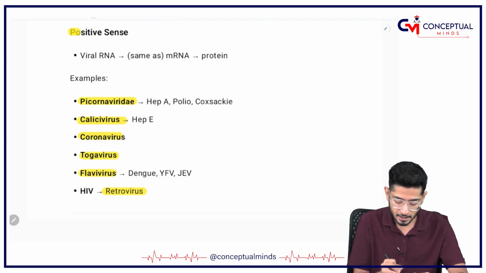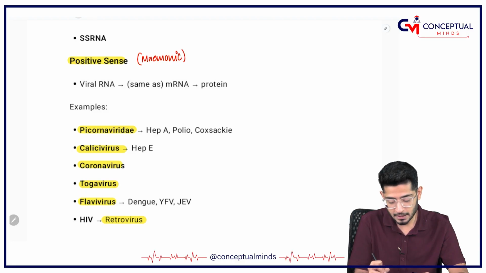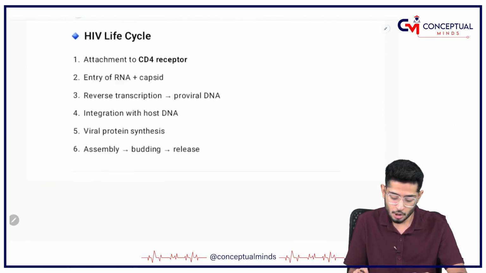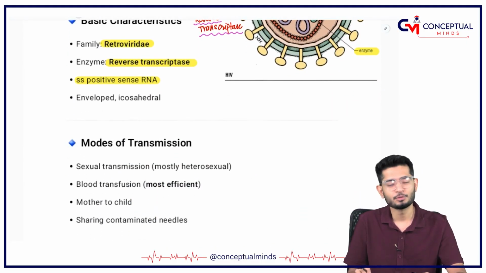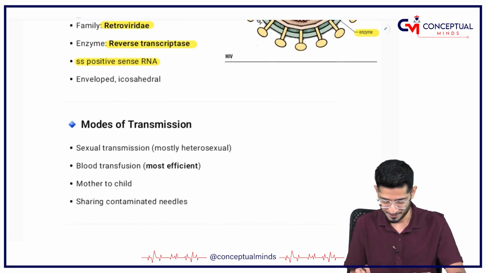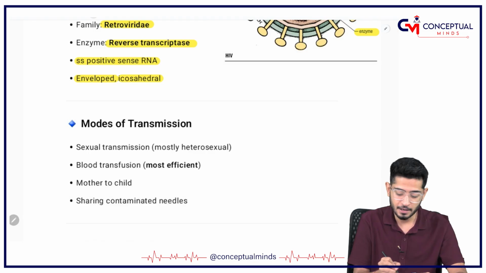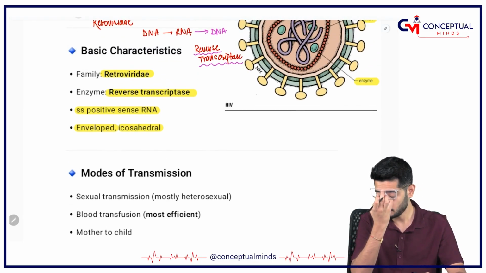All these are positive sense. The mnemonic I have mentioned in the general virology class, so please revise general virology before discussing any viruses, because I am not going to repeat it. It's your responsibility to go back and revise the topic. Also, these are enveloped viruses with icosahedral symmetry, all things we have discussed in general virology.